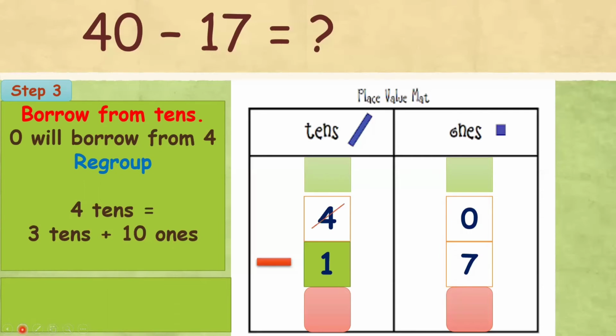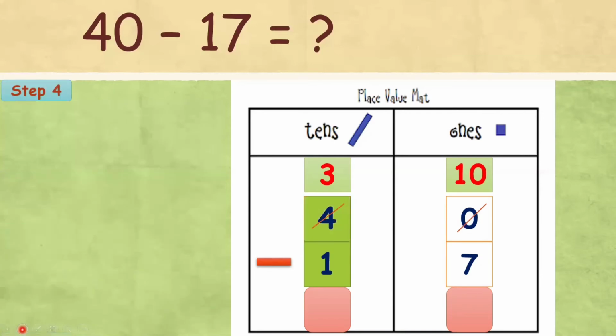We'll cut 4 and write 3 in the tens column. Then we'll add 10 ones plus 0 to get 10 ones. After that, we'll cut 0 and write 10 in the ones column.